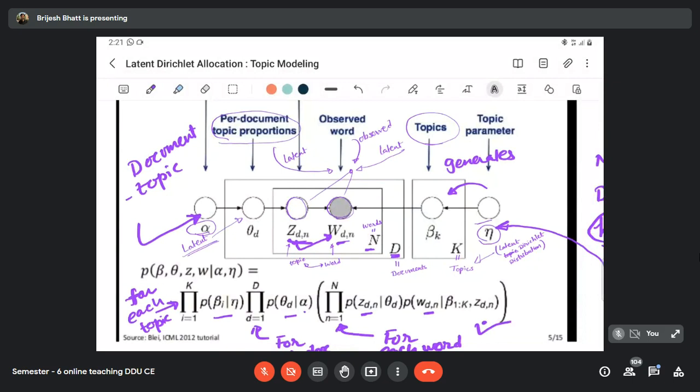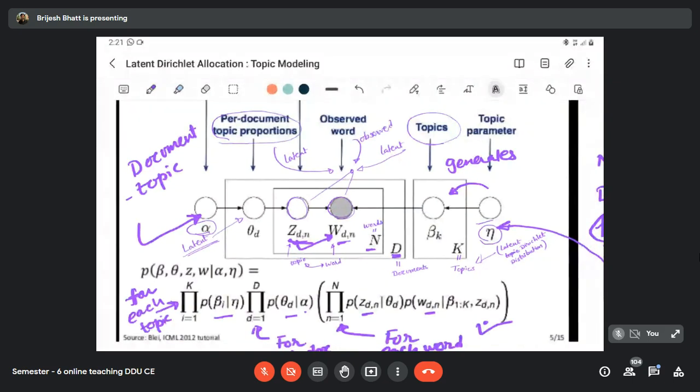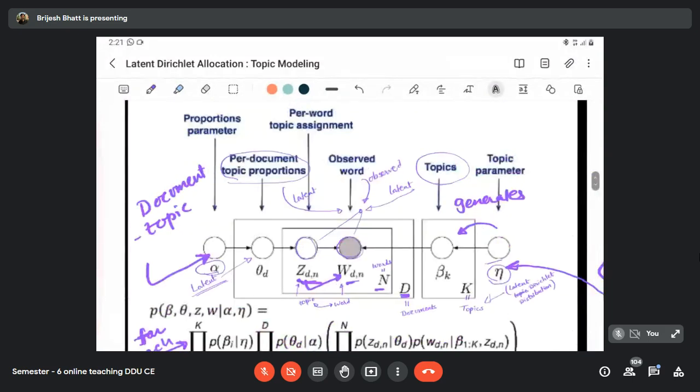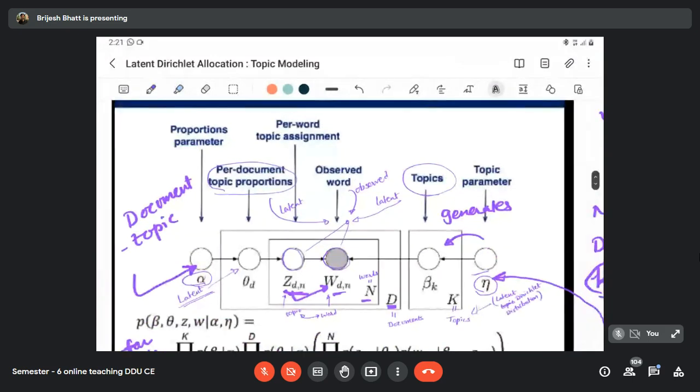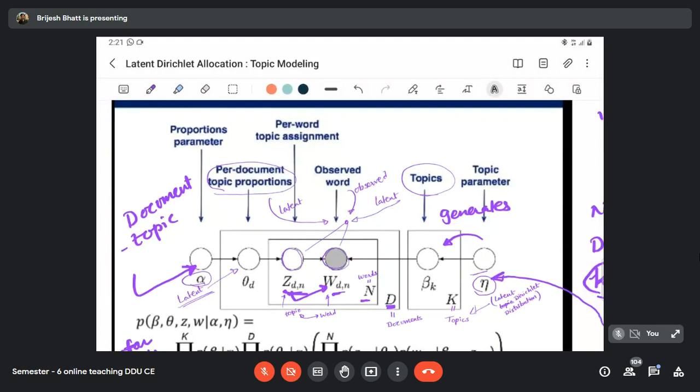What we are assuming is that the underlying topic distribution is controlled by a topic parameter, which we do not know, and the underlying document topic relation is controlled by something called a proportions parameter. And we control these two things, and we look at the observed word and assign a topic.